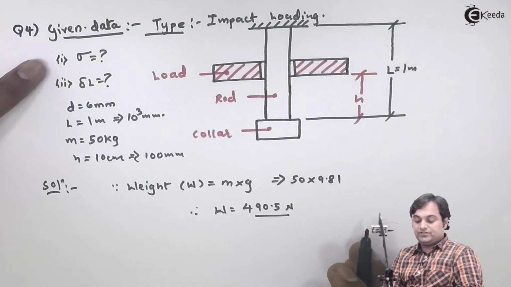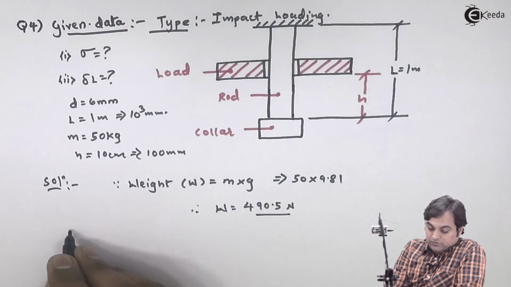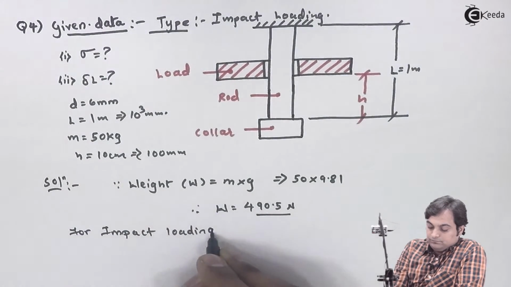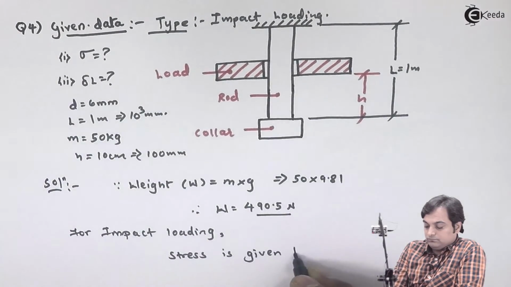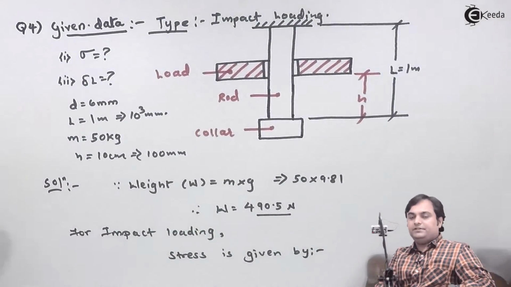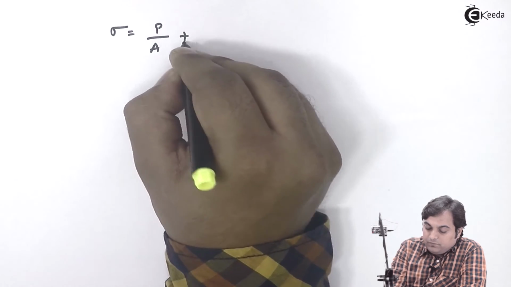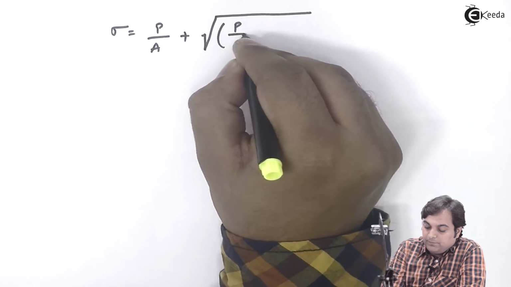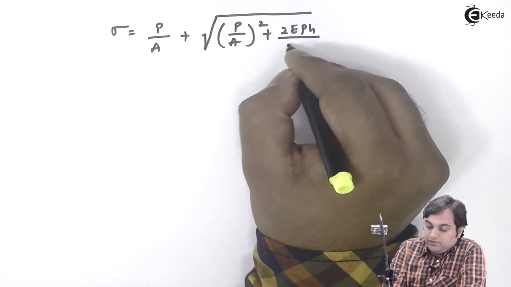Now we have to calculate stress for impact loading. So I'll use a formula: stress for impact loading is load upon area plus square root of (P upon A) whole square plus 2EPh upon area into length.